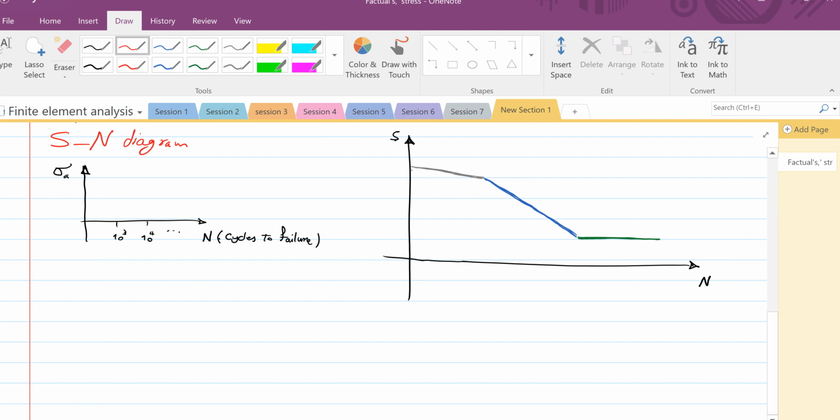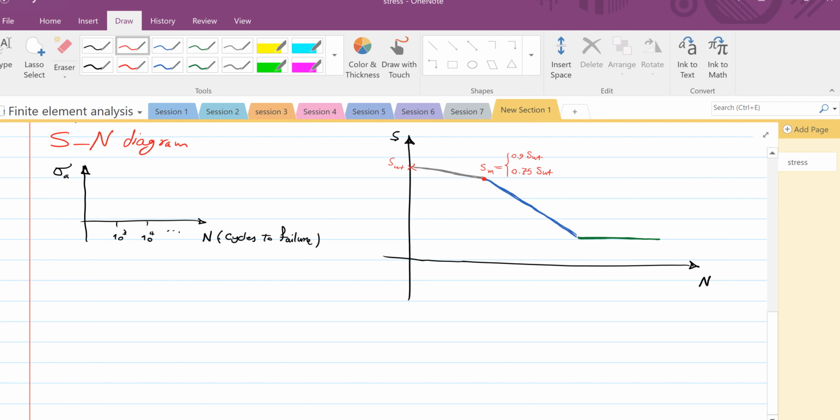This point is ultimate stress. The other point, we call it SM or sigma M. And sometimes people define it as 0.9 of ultimate stress or 0.75 of ultimate stress. Depends.